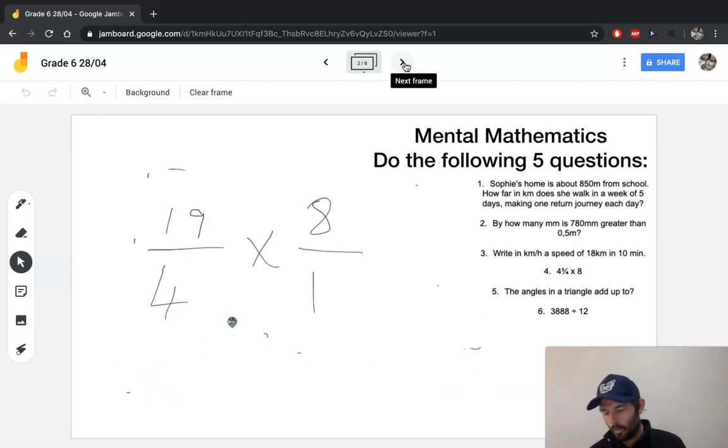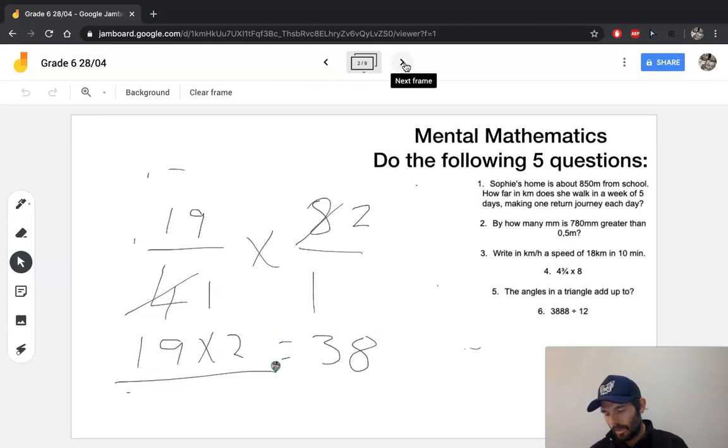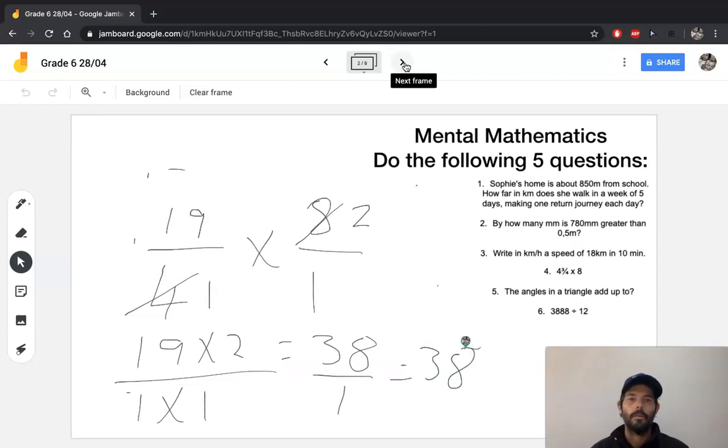So we know that 4 goes into 4 once and into 8 twice. So I simplified diagonally there. Now all I've got to do is 19 times 2 equals 38, and the denominator is 1 times 1, which we know is 1, and anything over 1 is itself. So both ways you get the same answer.